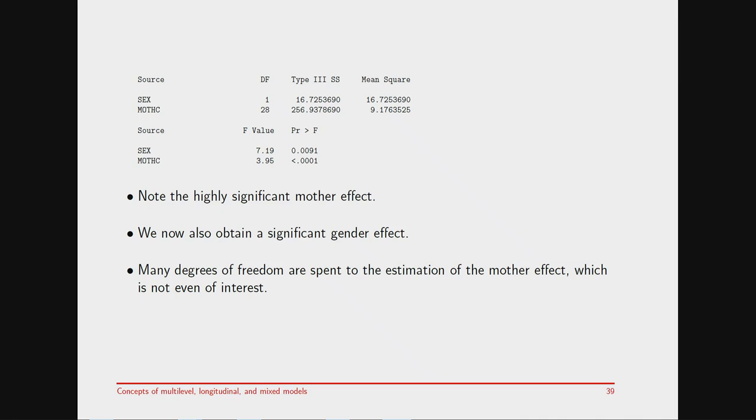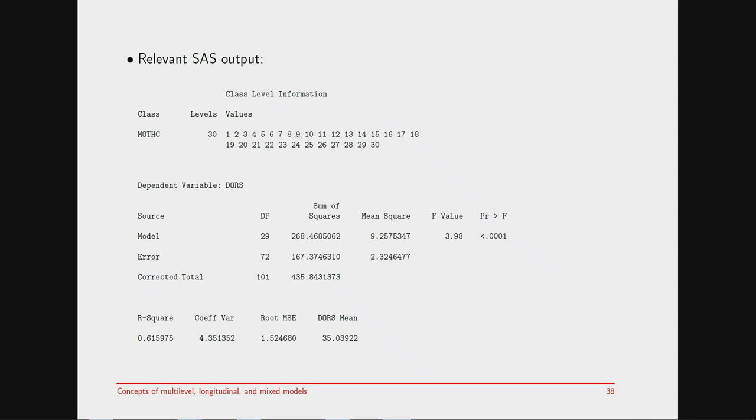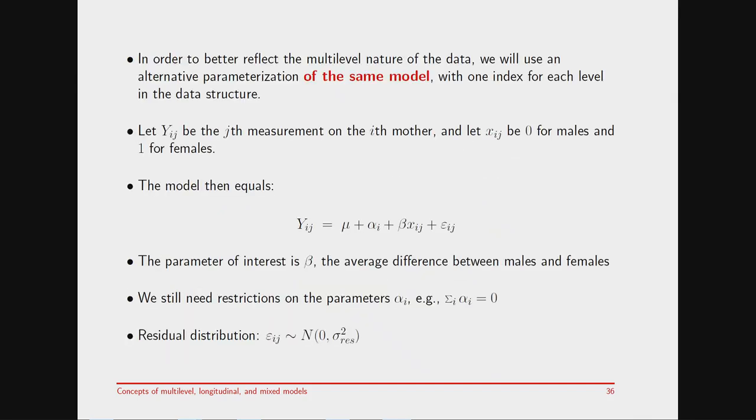Where does that 28 come from? It comes from the 29 mothers, each with their own effects. But since we add this restriction here, there's only 28 parameters that you need to estimate, because the last one follows from the first 28 ones, because they have to add up to 0.